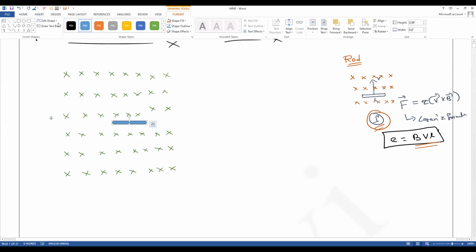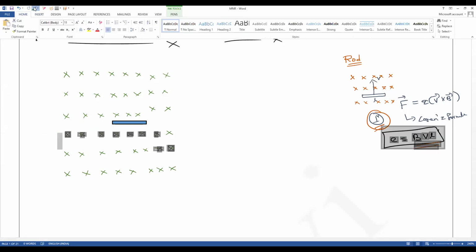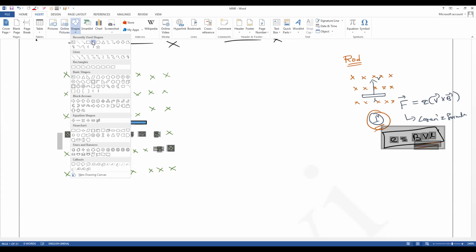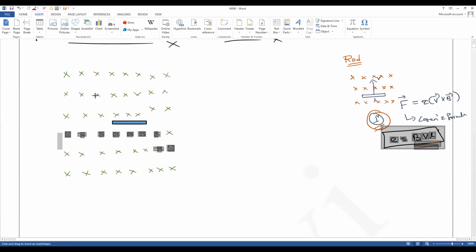This is the pivot point to which it has been attached, and the rod is rotating about it. It is pivoted, so it will start rotating.